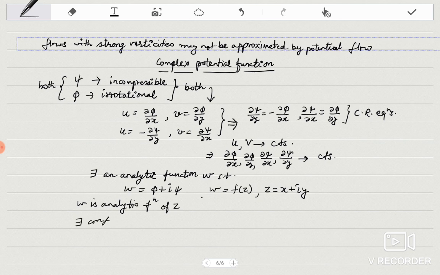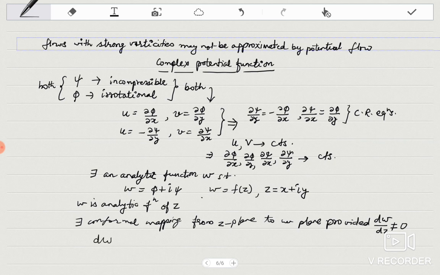There exists a conformal mapping from the z plane to the W plane, provided dW/dz is not equal to 0. Further, if dW/dz is 0, it means that there exists a stagnation point.